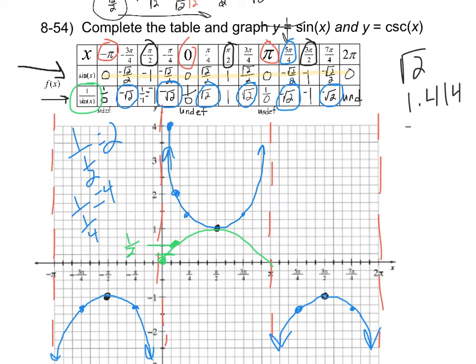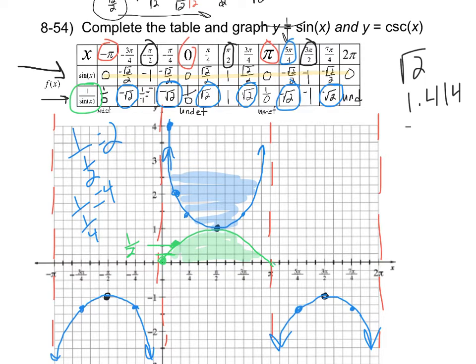If I kept extending this graph, that's where the buckets or upside down buckets come from. Anytime the sine function has a hump, you're going to create a bucket for the 1 over the sine function.